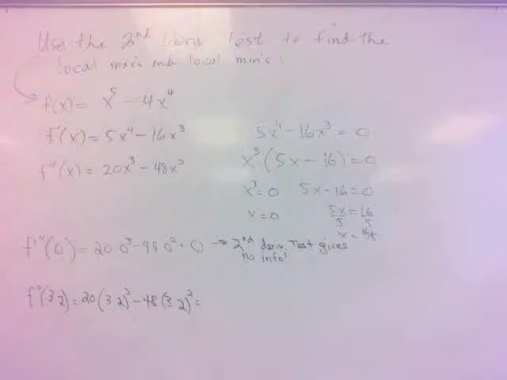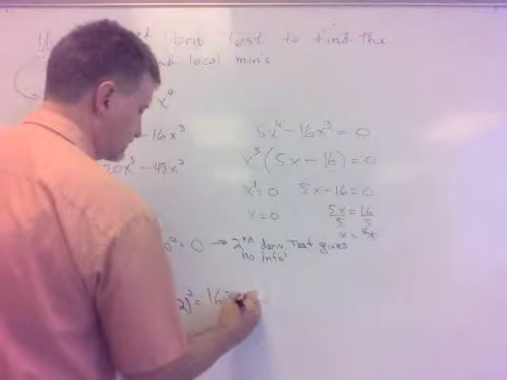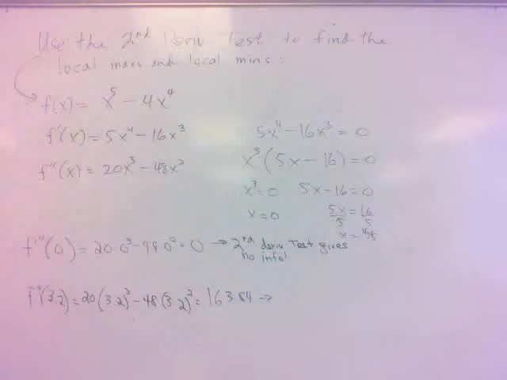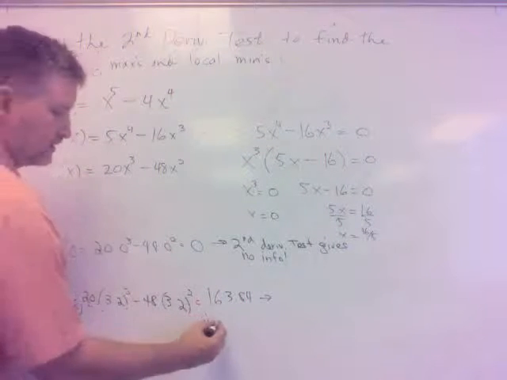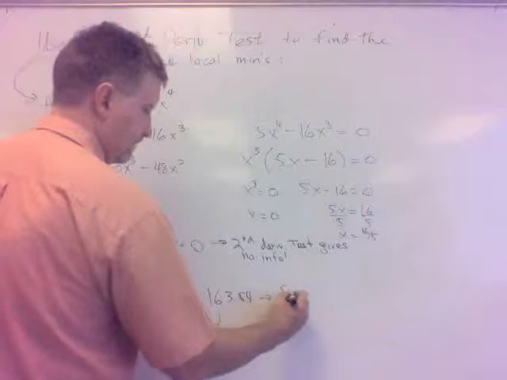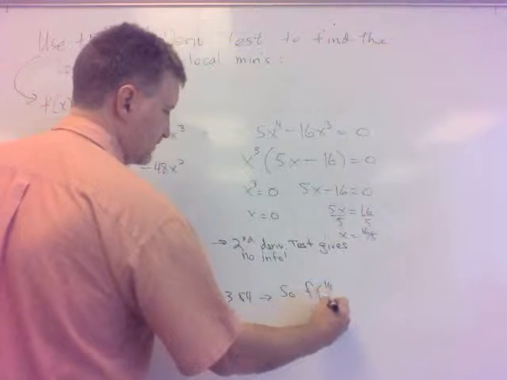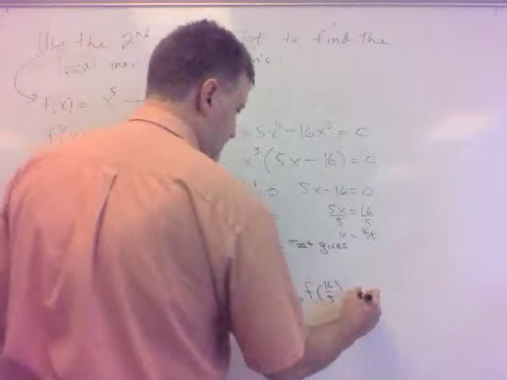It doesn't give me 0, I know that. That's 163.84. It's positive, and so that would tell me the second derivative is concave up there. That's a local min. So f of 16/5, 3.2, whatever you want to call it, is a local min.